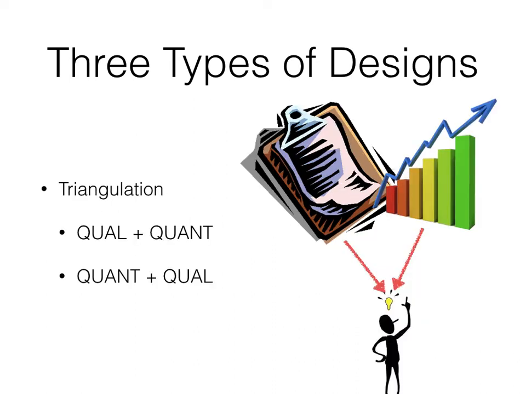And then finally, there's a triangulation design, and this is equal. It means that I'm really truly using different methods to provide different types of evidence for my findings. So if I ask students, teachers, and parents about the usefulness of math homework and get roughly the same responses, the evidence has converged on an answer. That's triangulation.